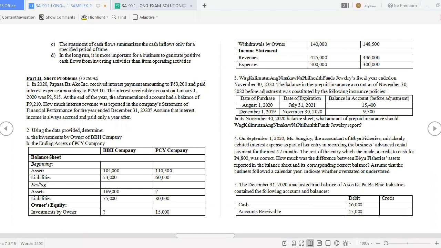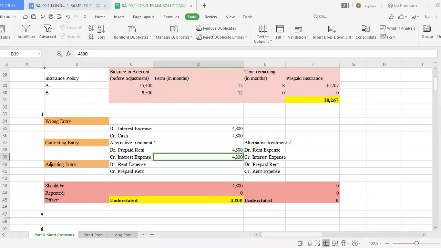So on September, October, November, December, so after 4 months, the payment is actualized. So it becomes rent expense.